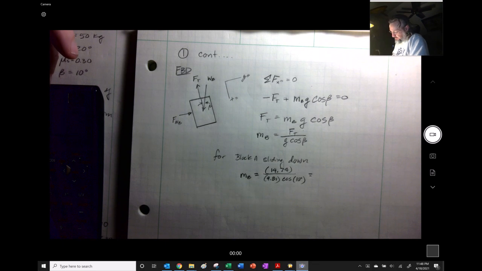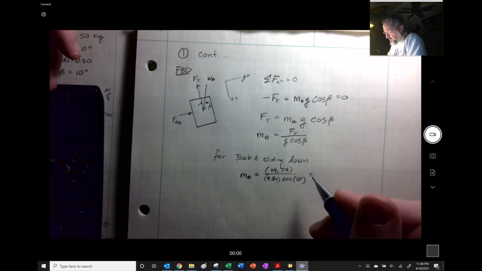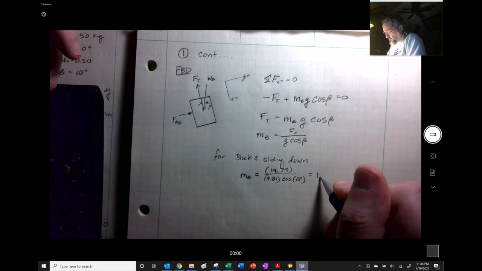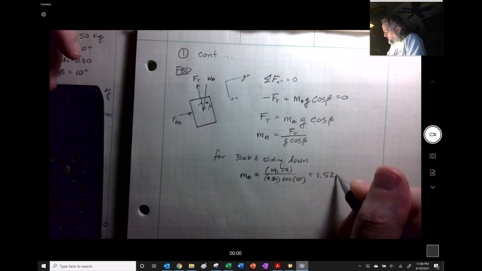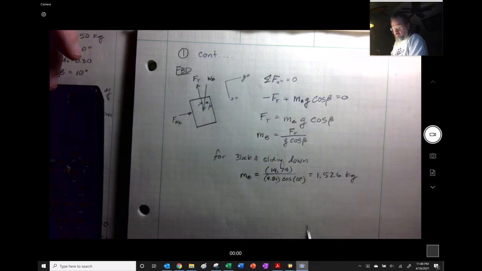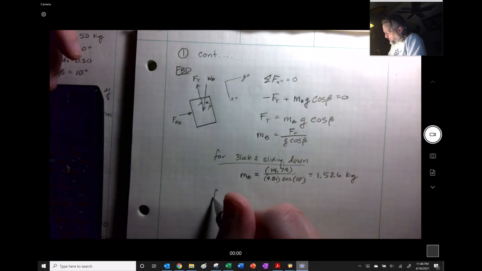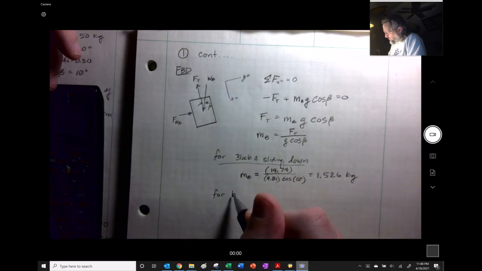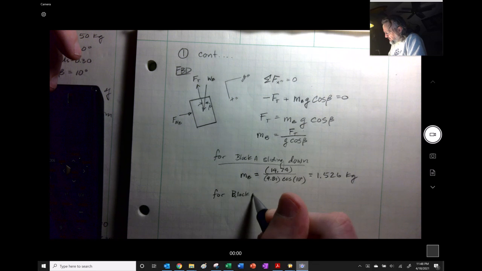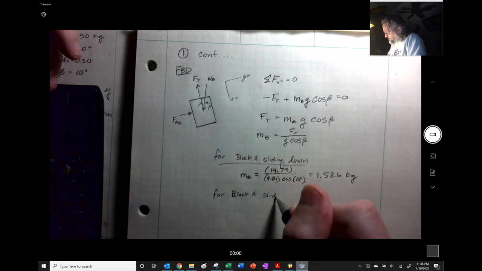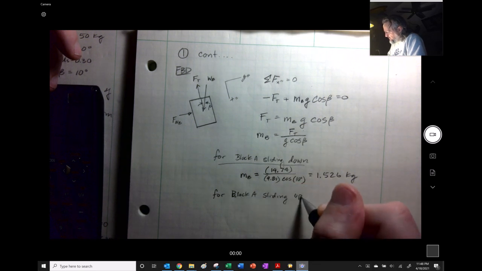So let's see. Actually, it might still be in the calculator. Yeah, it is. There you go. So 9.81 divided, 10 cosine, divided, and all it has to be is 1.526 kilograms for block A sliding up, or actually to prevent it from sliding up.